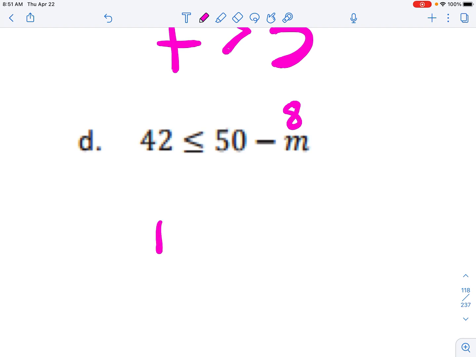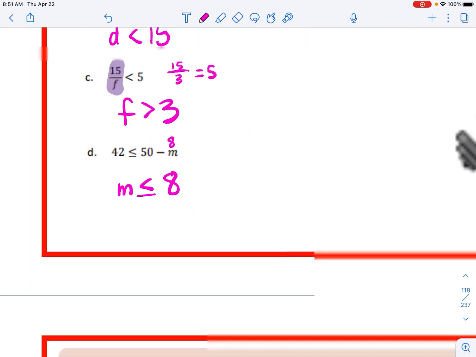So the answer here would be M is less than or equal to 8, okay? Now, it can be 8 because 42 is equal to 42, but it can't be 9 because that would be 41, okay? And 41 is not bigger than 42.